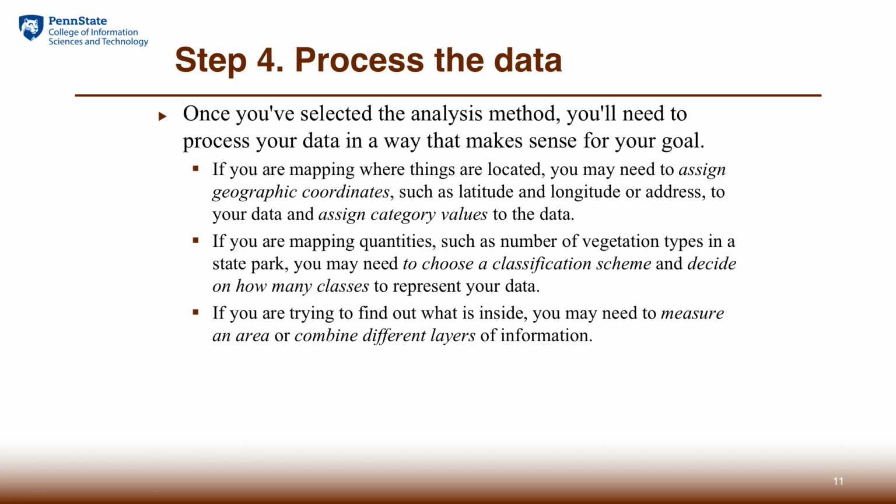If you want to map numerical data, you may have to choose a way to break the numerical values into classes and represent them as a map. If you need to aggregate, combine, or relate information from multiple sources or multiple themes, then you may have to do some map overlay and query analysis. Those will be the likely processes you're going to need.